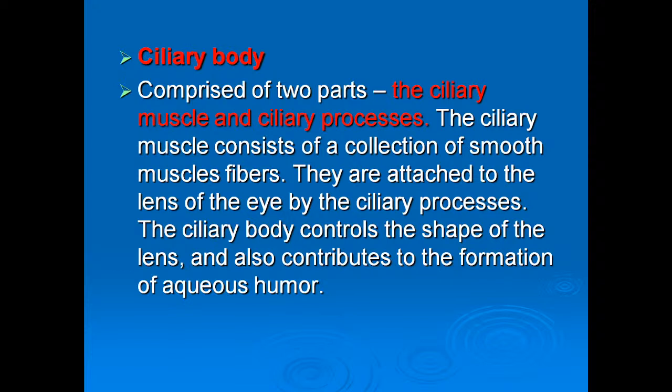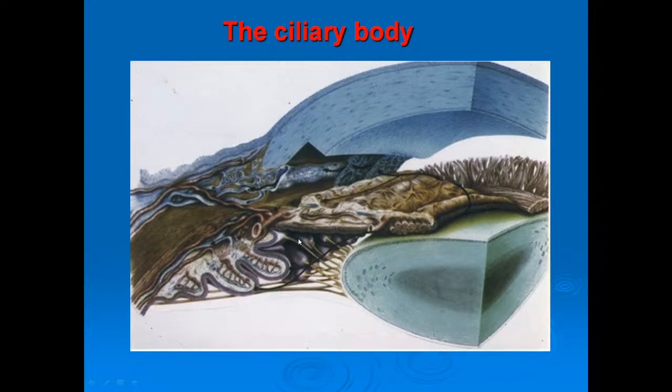The ciliary body controls the shape of the lens and also contributes to the formation of aqueous humor. Look, this is cornea, this is lens, and at this place you can see ciliary body with ciliary processes.